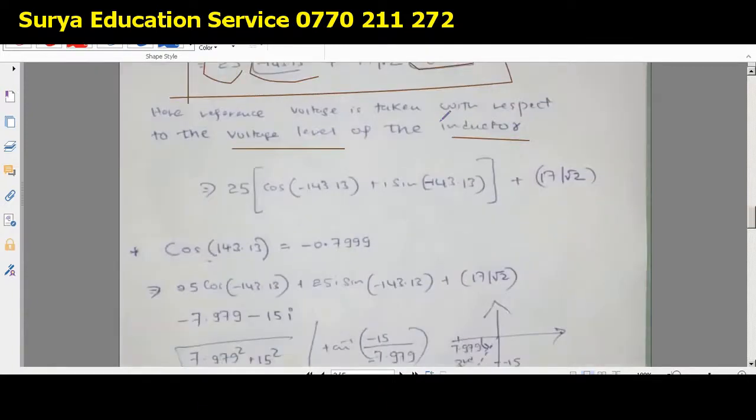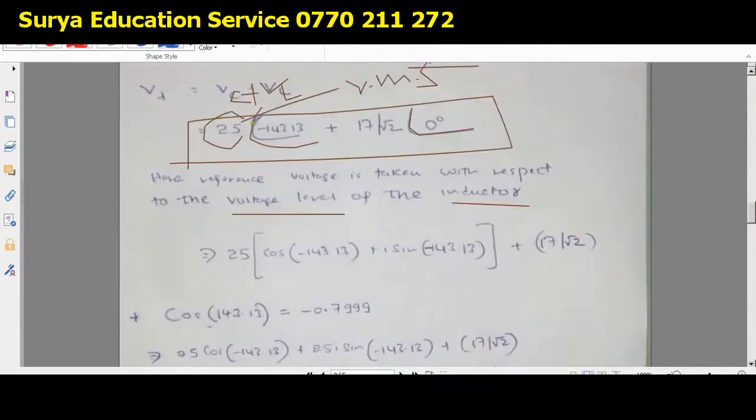So now let's use complex numbers. This angle minus 143.13 you can represent in the complex number format, which is cos of minus 143.13 plus i sine of minus 143.13. So that is how you represent the complex number format. Now this is not the time to study complex numbers, okay? The basics, plus this one.